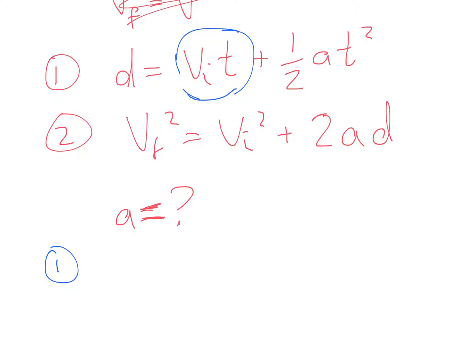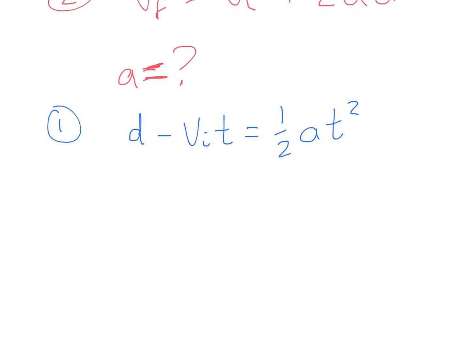So we're going to be left with d minus Vi t equals half a t squared. If you're not sure about that step, watch the video on shifting bits to the other side. Basically, in very short order, because it's a positive, you have to subtract it from both sides, which is how we ended up with that minus Vi t.